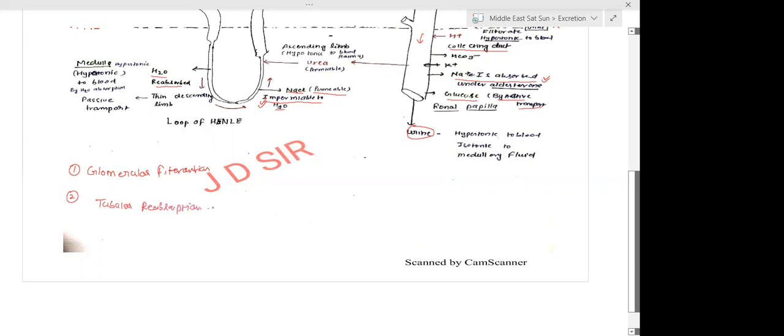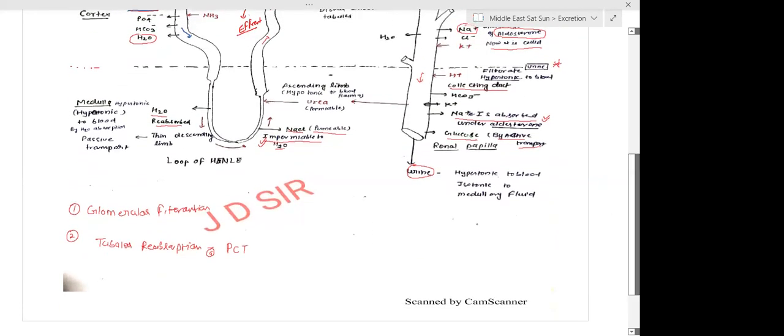Under tubular reabsorption, we will study the PCT, right? So absorption is taking place in the PCT. Then we will discuss the loop of Henle. Then the third part, that is the DCT, right? So that's how we are going to discuss, right?